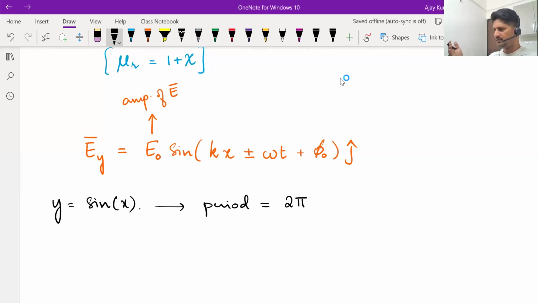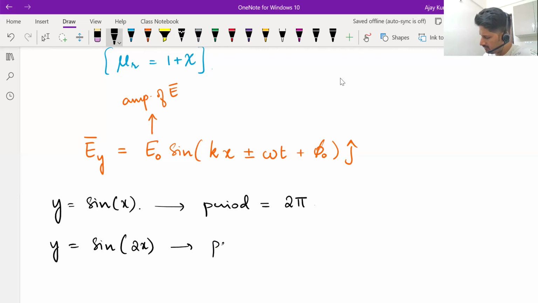Okay. After every change in 2 pi, whenever x changes by 2 pi, you see the graph repeating itself. Suppose you have y is equal to sine of 2x. What is the period of this function if you know?